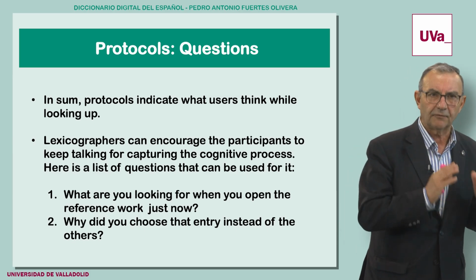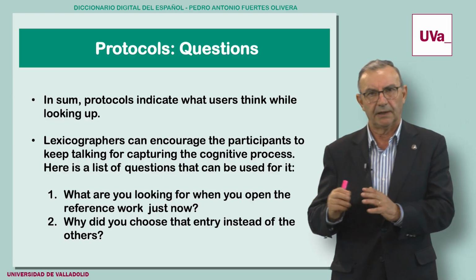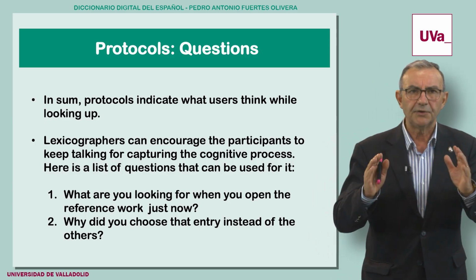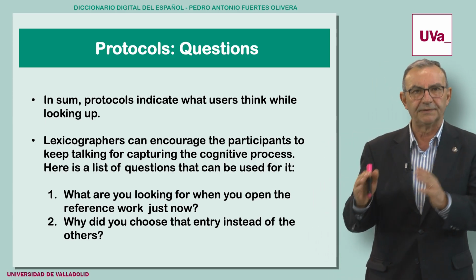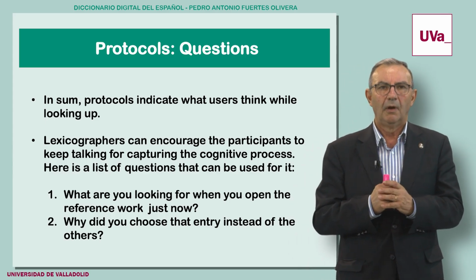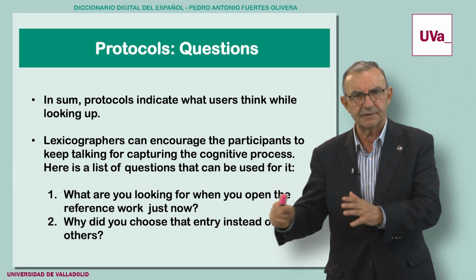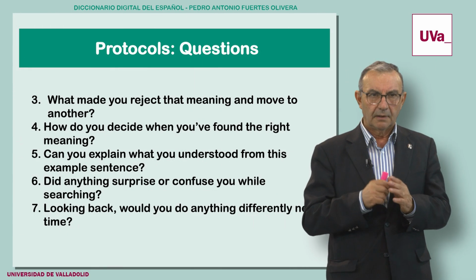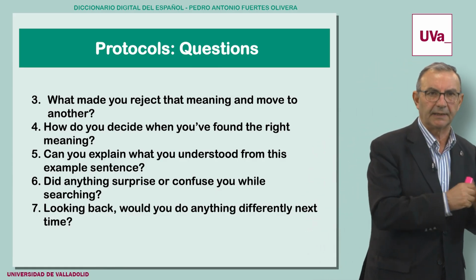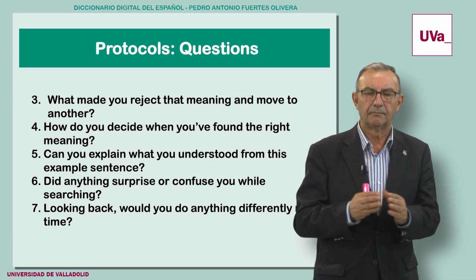Here is a list of questions you can use for capturing the cognitive process in real time. 1. What are you looking for when you open the dictionary just now? 2. Why did you choose that entry instead of the others? 3. What made you reject that meaning and move to another? 4.